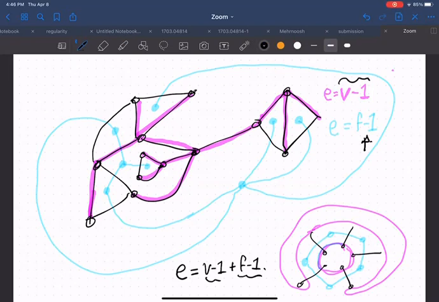So every edge in that original graph, that's what this black E is counting, either corresponds to exactly one edge in the purple tree, in which case we count it in this V minus 1 term, or it corresponds to exactly one edge in the blue tree, in which case we count it with the F minus 1 term. But hold on a minute. That's just V plus F minus 2.